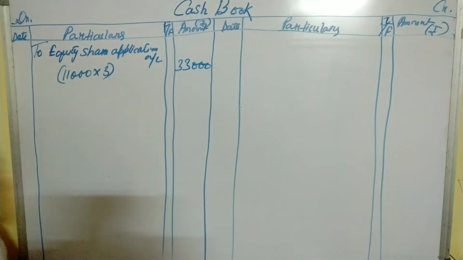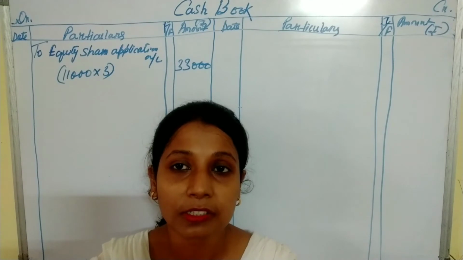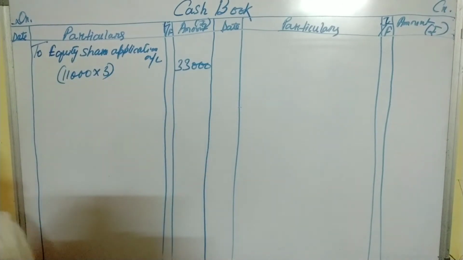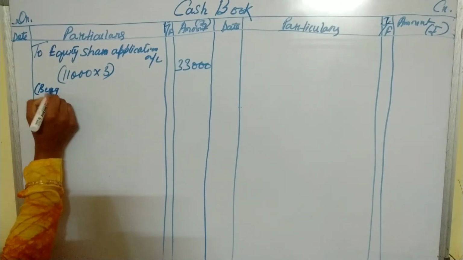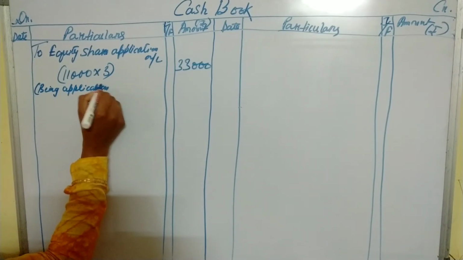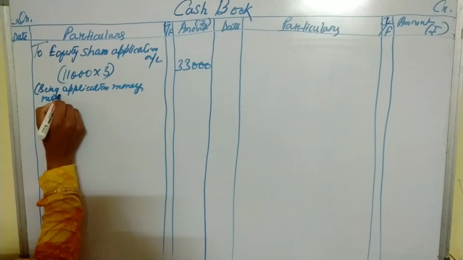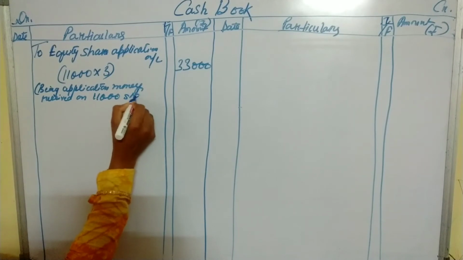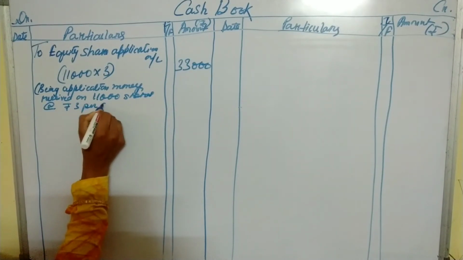Below the entry, you are required to write narration. It is not necessary to write narration, but it is good if you write narration. So, write a brief narration. Being application money received on 11,000 shares at the rate of rupees 3 per share.